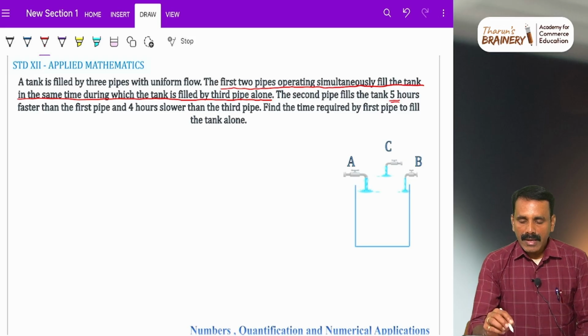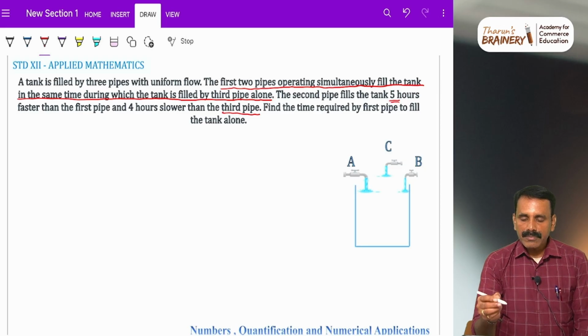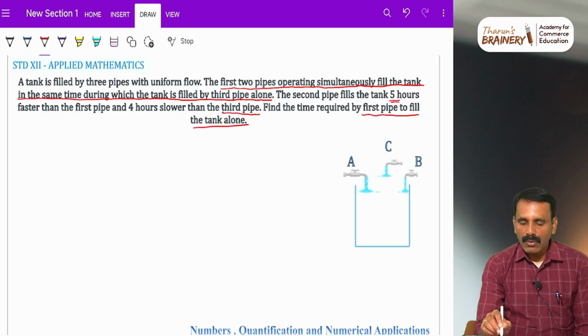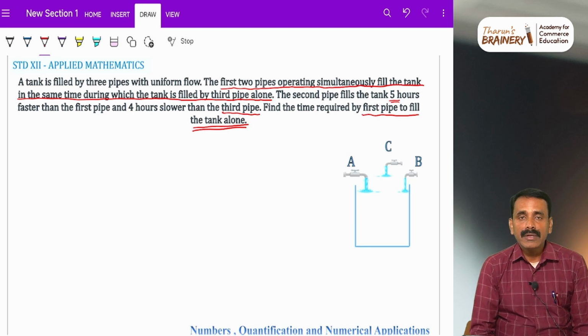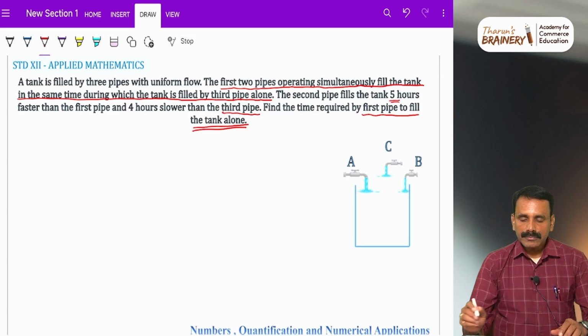Okay. And 4 hours slower than the third pipe. So, third pipe is much more faster. Okay. We are supposed to find the time required by the first pipe to fill the tank alone. What is the time taken by the pipe A to fill the tank when it is operated alone? This is our question. Okay.